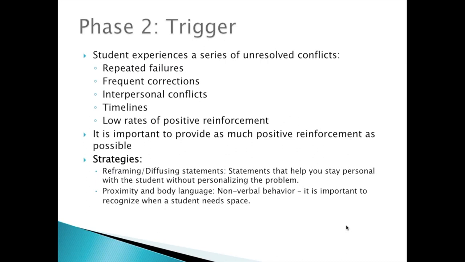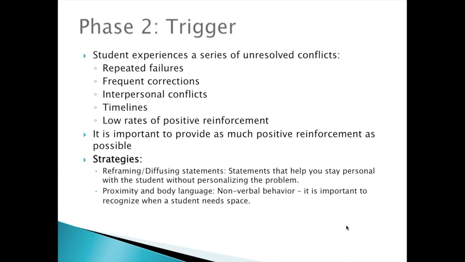Some strategies at the trigger phase, should a student be experiencing one of these unresolved conflicts, is this idea of reframing or making diffusing statements, statements that help you stay personal with the student and not personalizing the problem.